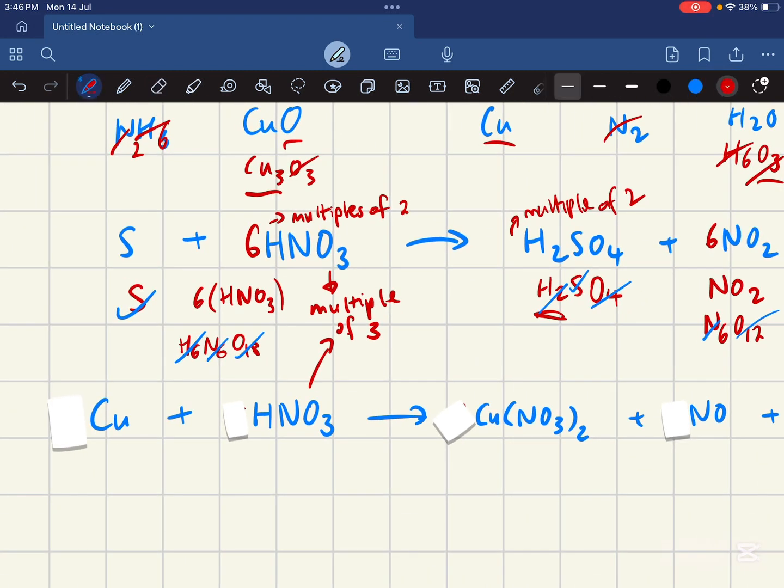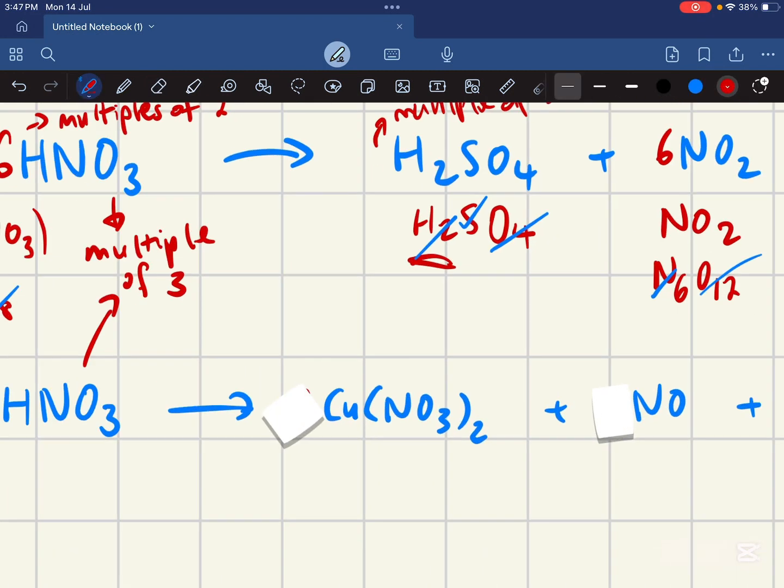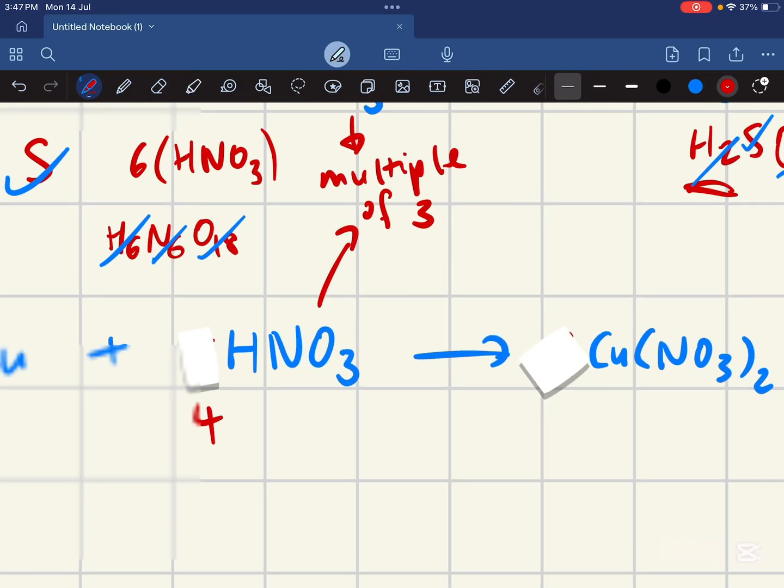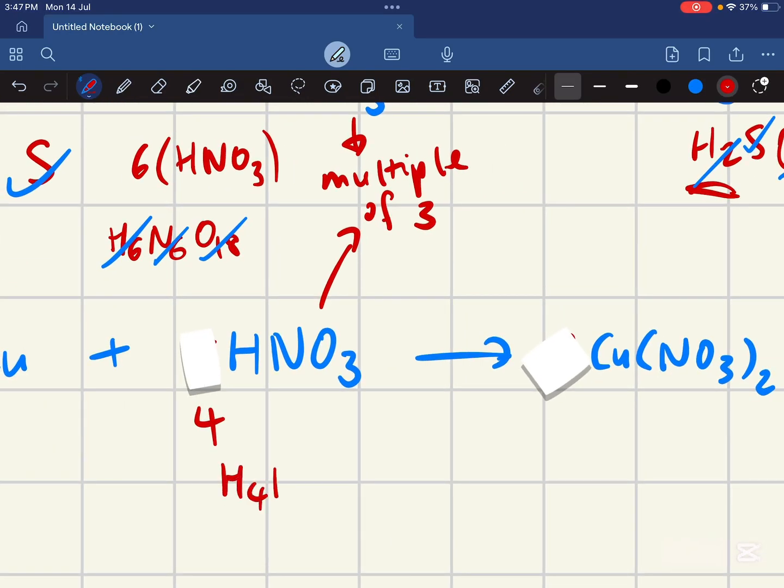If we multiply this by 4, that means we have to multiply this by 2. But we'll check here. We have an H4, an N4, an O12.